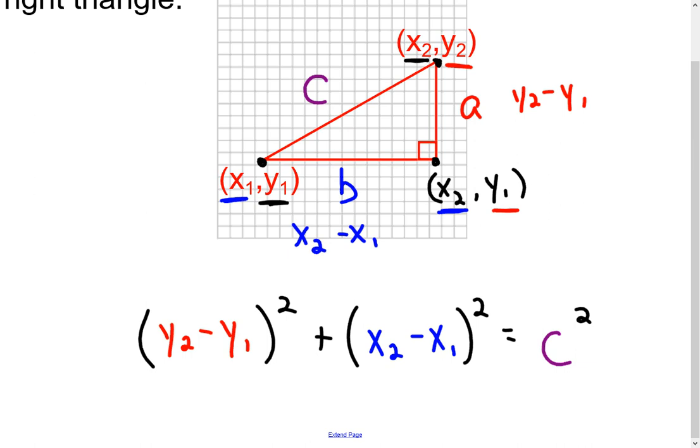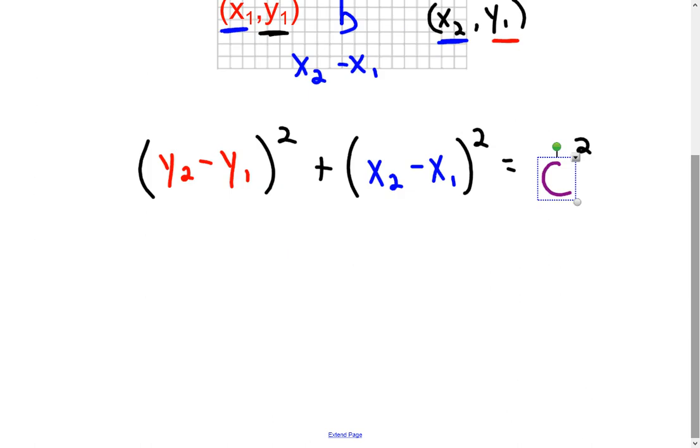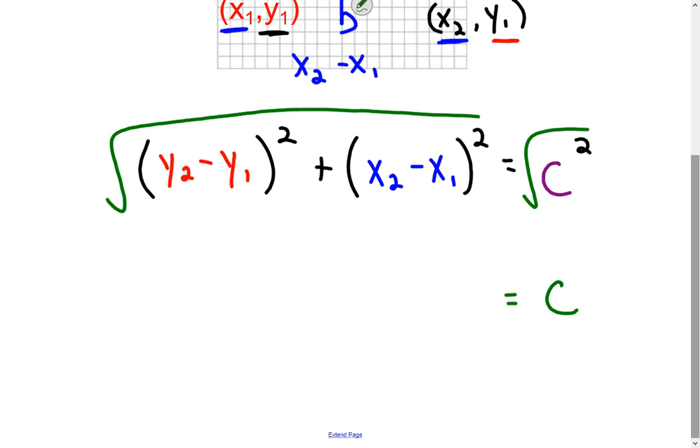Now you ask yourself, well, how am I going to solve this for c, which is the hypotenuse? Well, this goes back to solving our equations that are squared. One method to do that, remember, is to take the square root of both sides. So if I were to take the square root of c squared, that's going to give me an answer of c. Well, if I take the square root of the right side, I also have to take the square root of the left side.